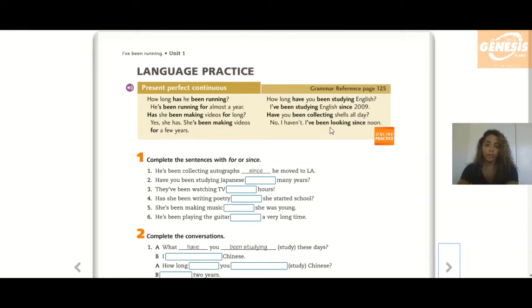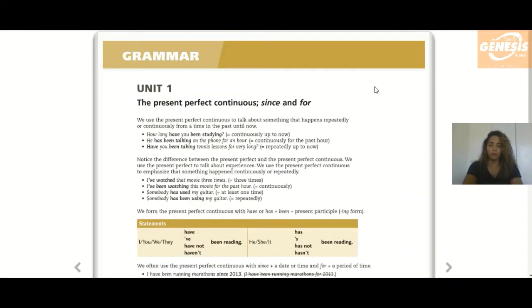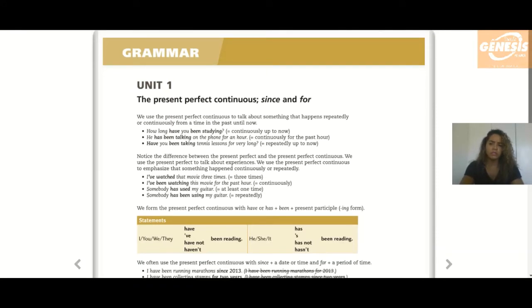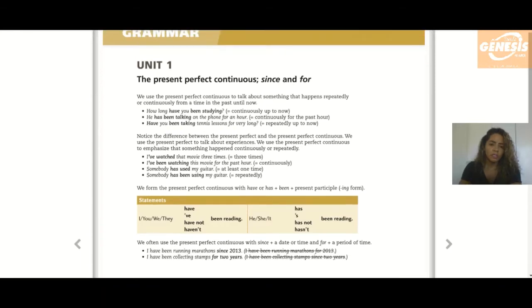So, let's see. Here is the page at the end of the book, right? So here we can see a little more. We use the present perfect continuous to talk about something that happens repeatedly or continuously from a time in the past until now.